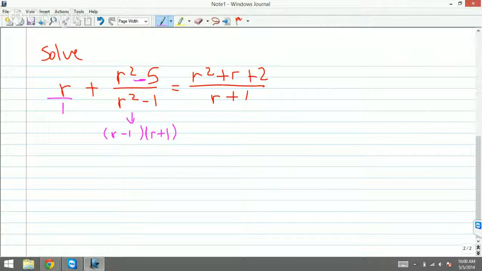Common denominator. Okay, so remember, this is 1 squared, the difference. Remember, difference is subtract. Difference of 2 squares, you just do minus and plus. R minus 1, R plus 1. That trick. So what's our common denominator? We have an R plus 1, right? We have an R minus 1. Do we need to worry about the 1?